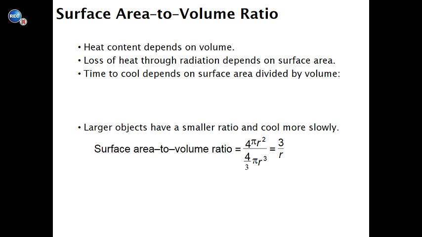So we can look at the ratio between the volume and the surface area, or we call it the surface area to volume ratio. And that happens to be 3 over R. And I've shown the math here in this slide. So the larger the radius, the slower a planet cools off. And that matches what we've seen. The smaller planets have a smaller R, which means they have a larger ratio. They cool off faster.